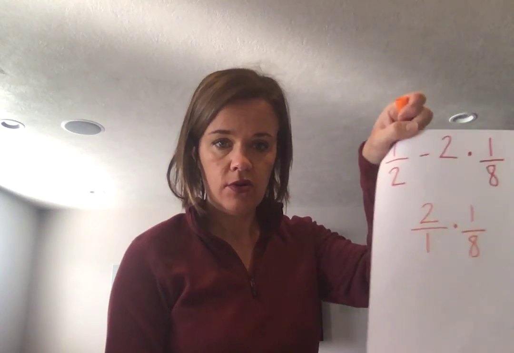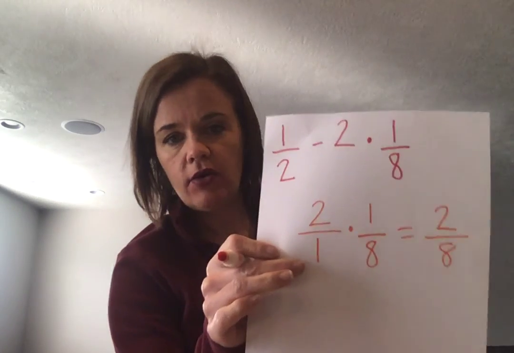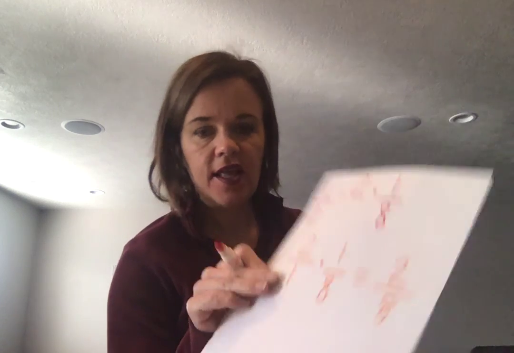I'm going to multiply these straight across. So I have 2 times 1 equals 2, and 1 times 8 equals 8. Hopefully that is a quick review. So now I have this.